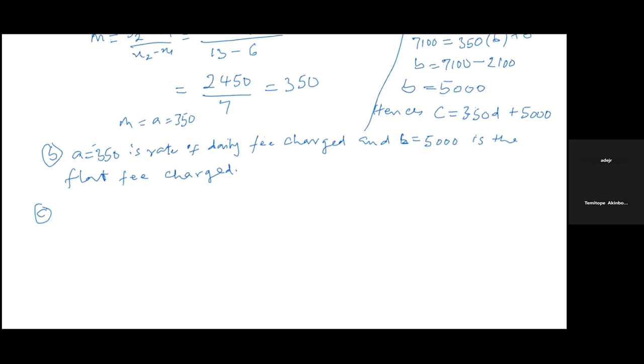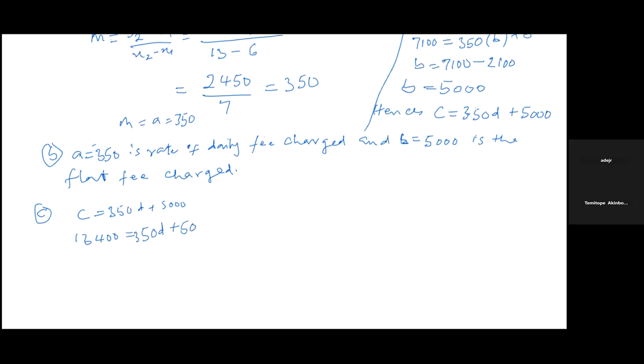In this context, we are going to find D using the model, C equals 350 D plus 5,000. C in the question has been given to be 13,400. So we substitute 13,400 for C. We have 350 D plus 5,000.